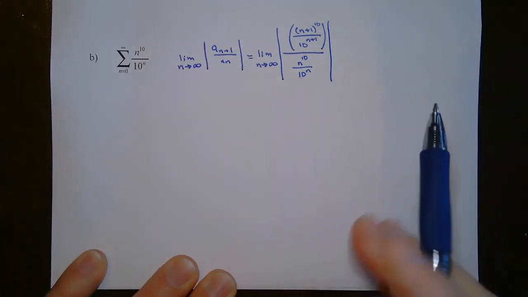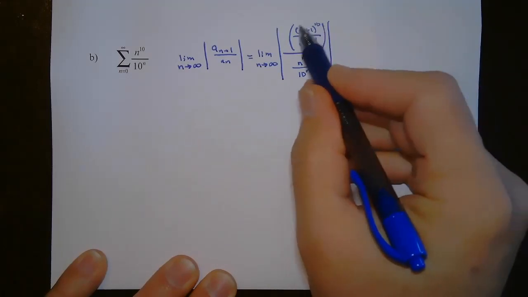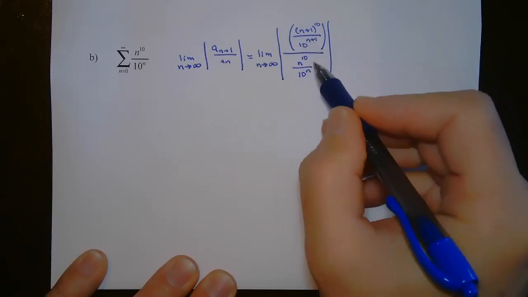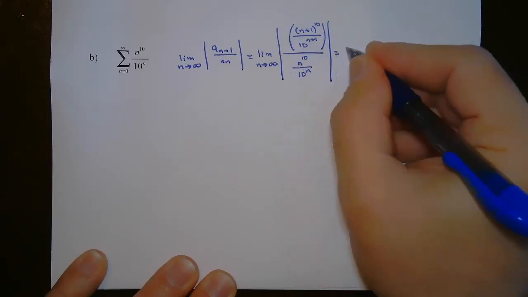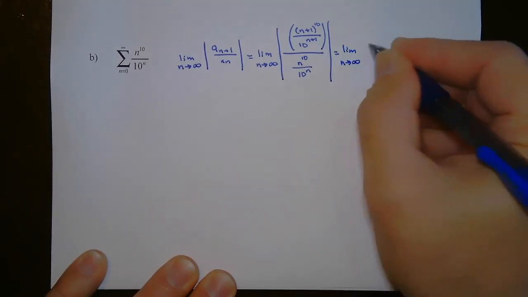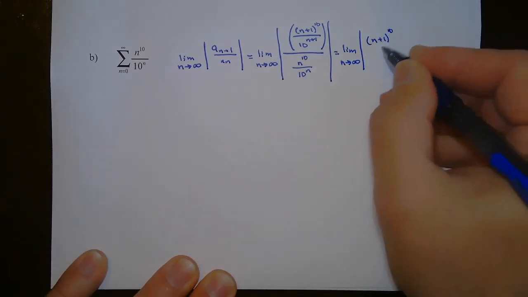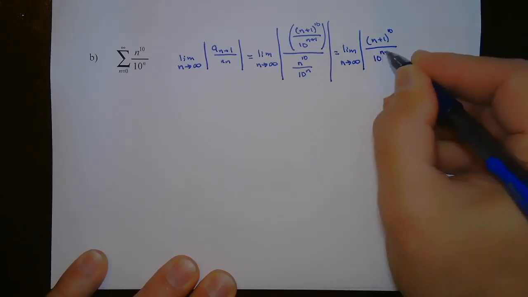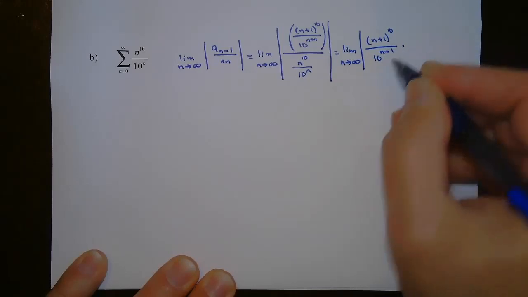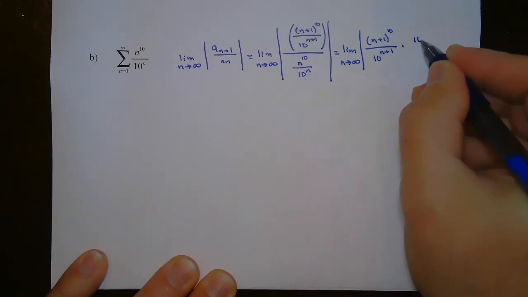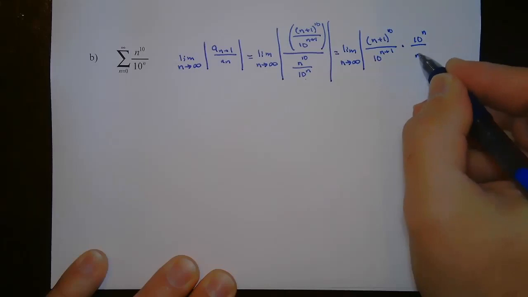Now, another way to write this is we're taking this fraction and dividing by this fraction, so we could take this numerator fraction and multiply by the reciprocal of this. So this would be equivalent to the limit as n goes to infinity of the absolute value of n plus 1 to the 10th over 10 to the n plus 1 power times, if I do the reciprocal of this, it'd be 10 to the nth for the numerator over n to the 10th power.